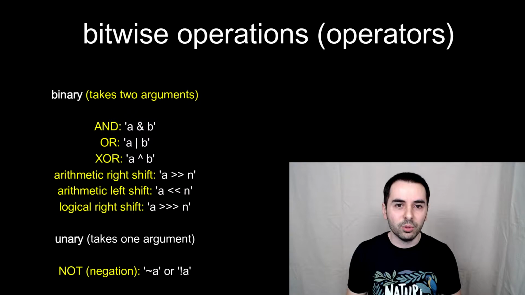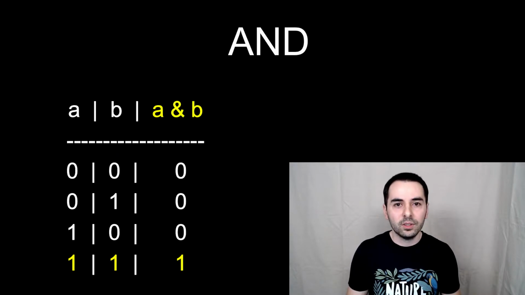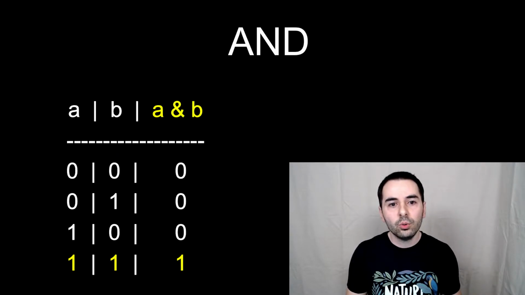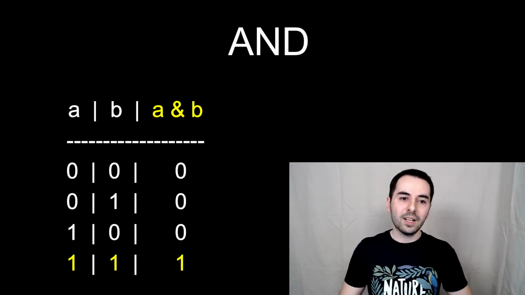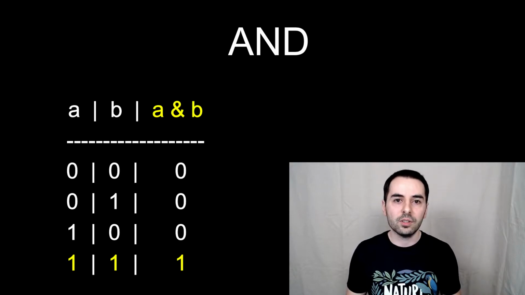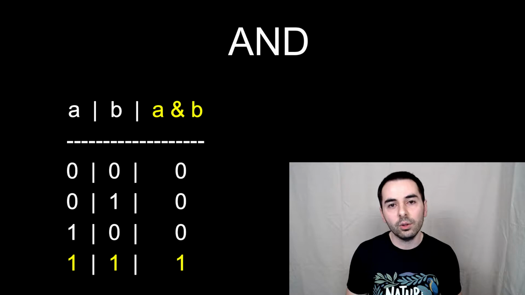These are really important. AND takes two binary numbers, and for each digit, the result of the operation is 1 if both digits are 1. In all other cases, the resulting digit is 0.